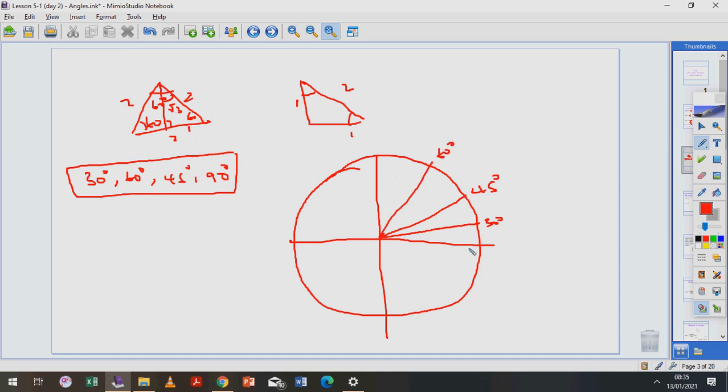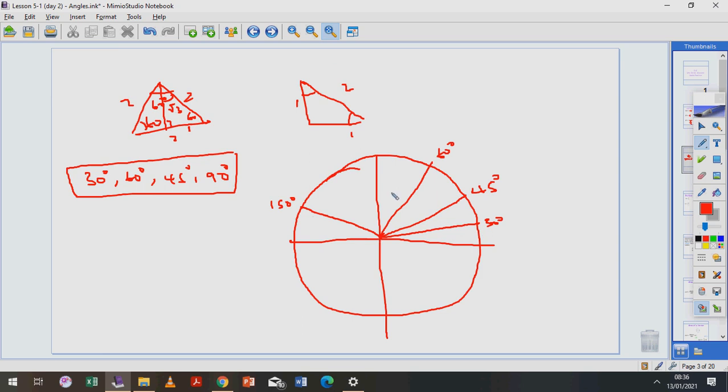Now each of these angles has a corresponding coterminal angle in every quadrant. So what's the coterminal angle to 30 in this quadrant? Starting from here, what's that coterminal angle? 150. So 150 will have the same ratios as 30, except for the signs.